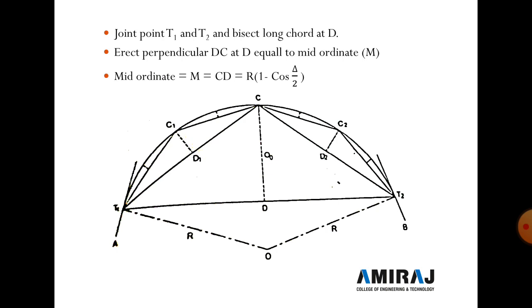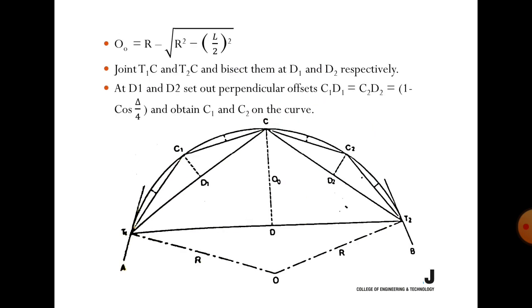We already found the equation in the last slide: CD is equal to R times (1 minus cos delta by 2). So OD, CD, CD1 or CD2, all the values are R times (1 minus cos delta by 2).